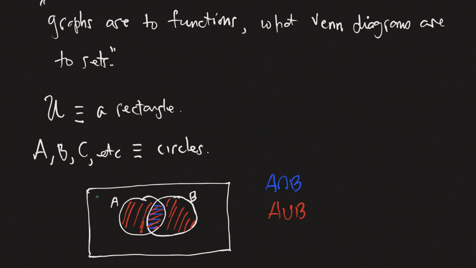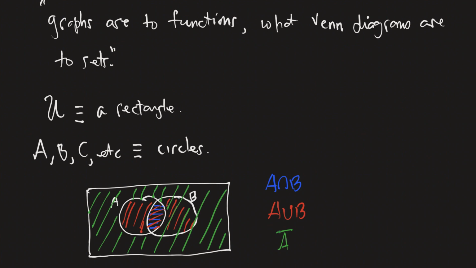What I'm shading here in green, I'll try to be very careful not to go inside, and then like this, that is the complement of A, right? So very easily with just this little picture, you can illustrate the union, the intersection, and the complement.